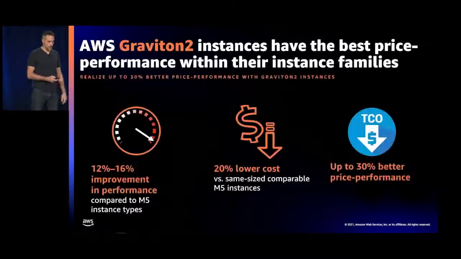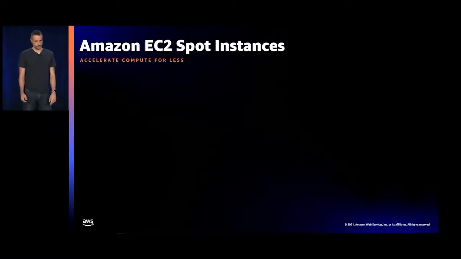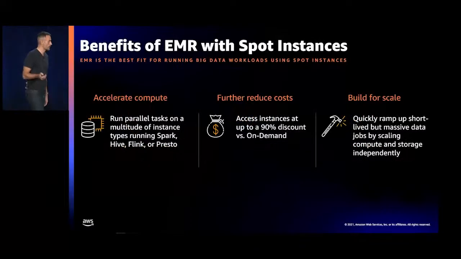EMR is a very good fit for Spot instances because, first, big data workloads are scalable. You can just add more resources. Your workload will scale, you will increase the parallelism, and you will finish your job execution in less time.